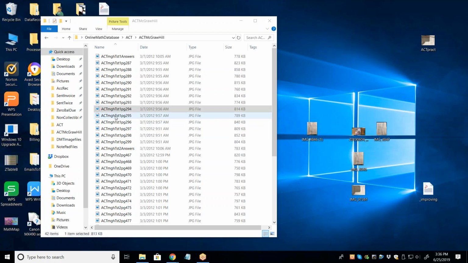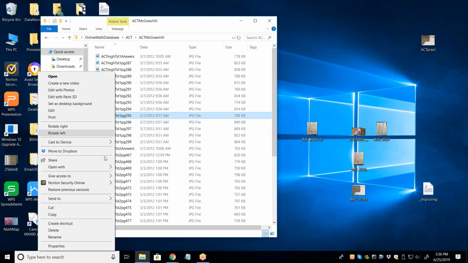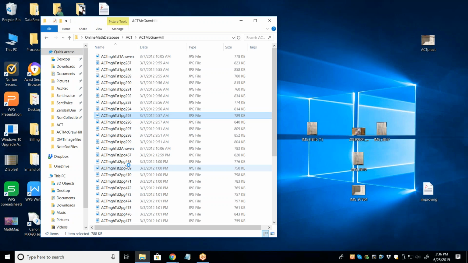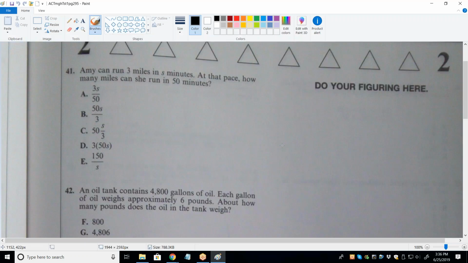Okay, so that's the base. All right, so that's just 50s.